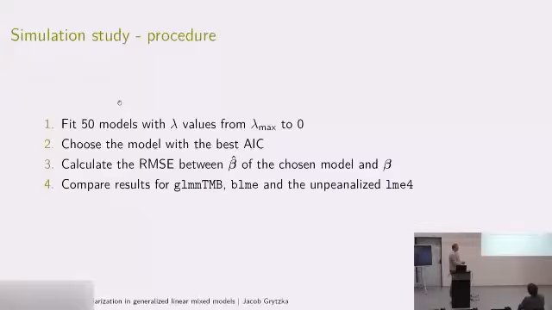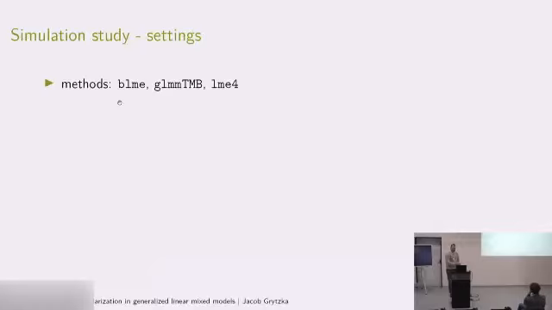Then we compare the results of both packages, and we can also compare with the LME4 package, which is the unpenalized case. As I said, we have these three methods.